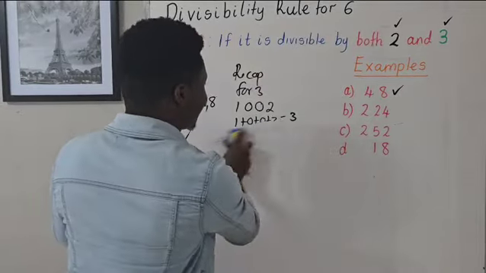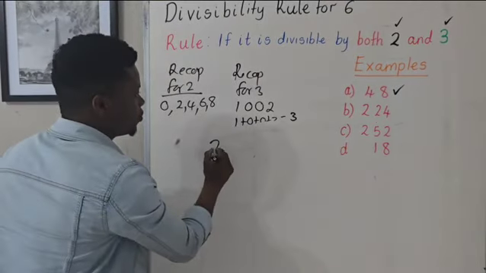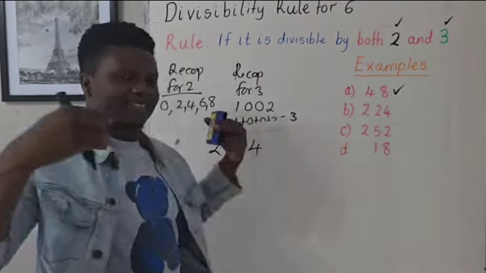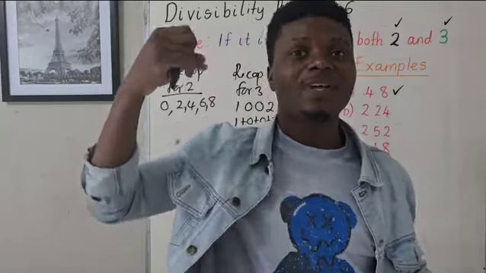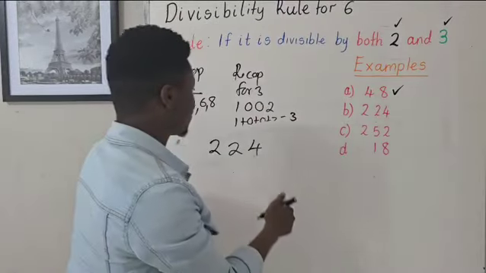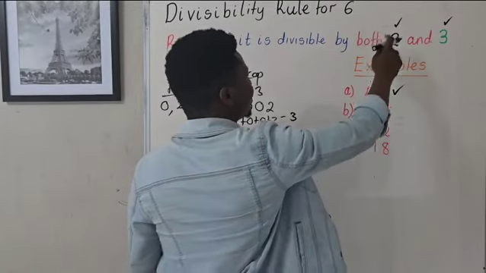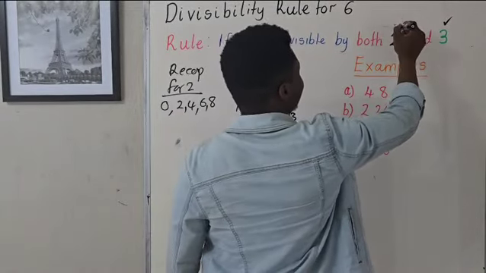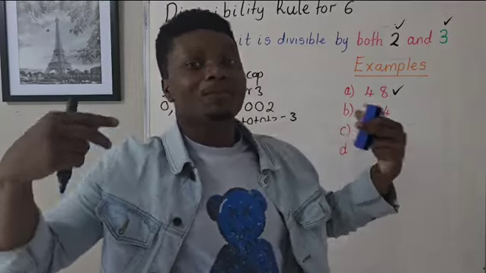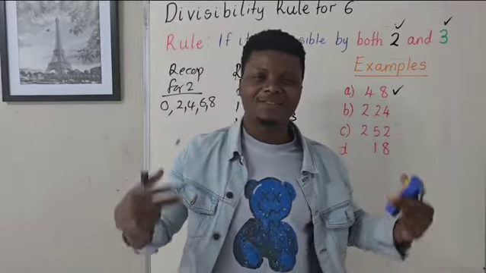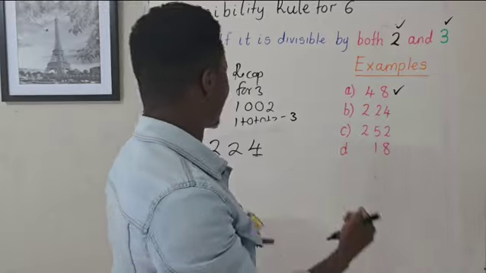How about the next one, 224? Is it divisible by 6? We check whether it's divisible by 2 first. It ends with a 4, so yes, it's divisible by 2. So I put a tick for 2. And we have to make the second check: is it divisible by 3 as well? How do you check?